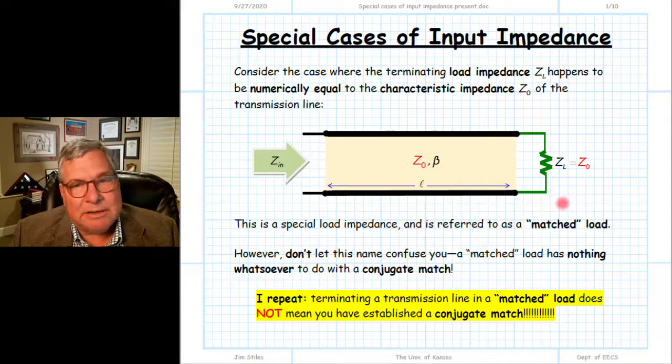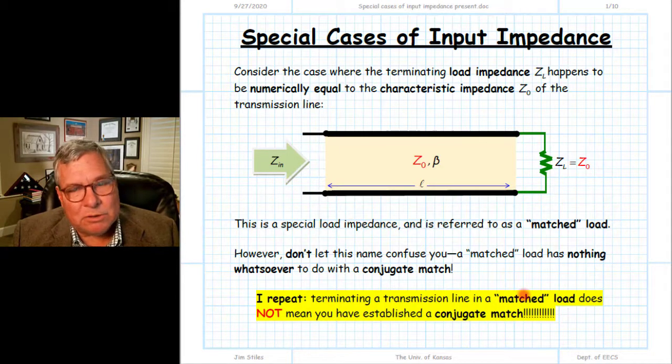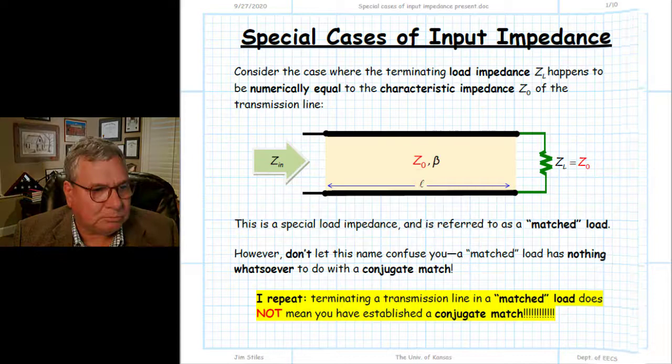So don't infer that a "matched load" implies a conjugate match, or that all the available power of some source is going to be delivered ultimately to this load. Again, in this context, matched simply means that the value has the same numeric value as the characteristic impedance of the transmission line.